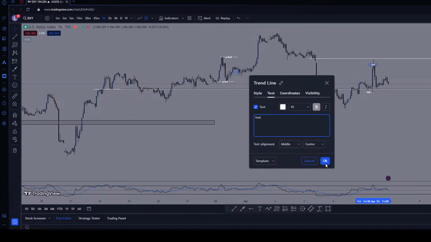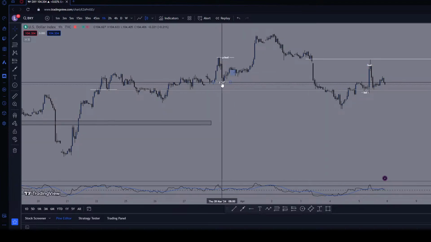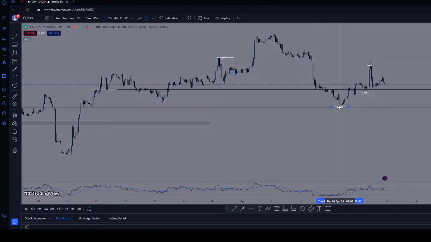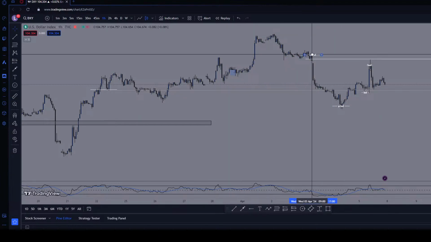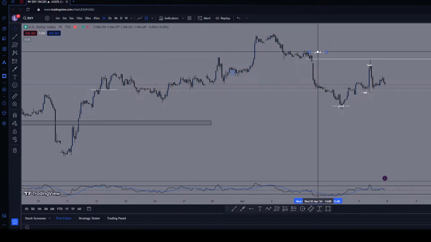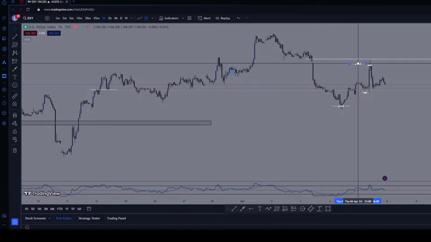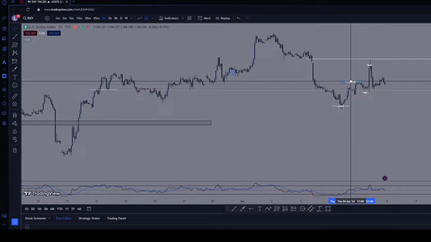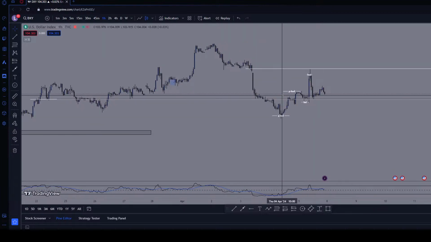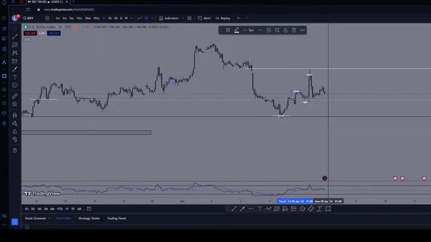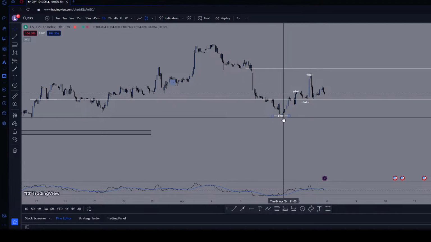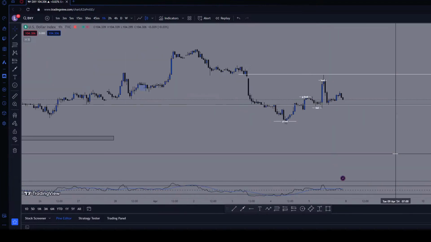High of day. Thursday's high of day right here. And Friday's low, Friday's high, Thursday's low, Thursday's high, which would be the previous day.